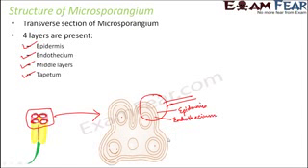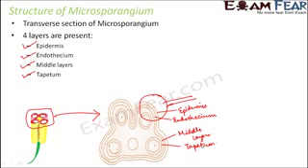Next is the middle layers. So this layer is the middle layer. And finally, the innermost layer, that is the tapetum. So this layer is tapetum. So these are the 4 layers which surround the microsporangium.